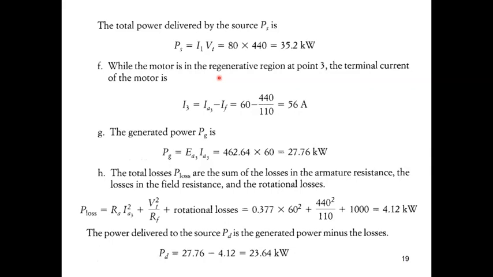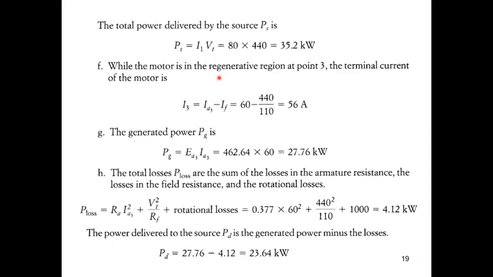So the input power at motoring mode is 35.2 kilowatts. Number 3, it's required to calculate the output current of the machine at point 3, or let's say terminal current. For the regenerative braking, the machine is working as a generator, which means the armature current is reversed.